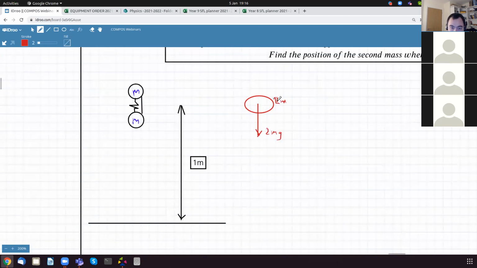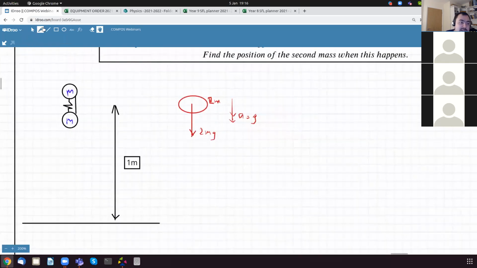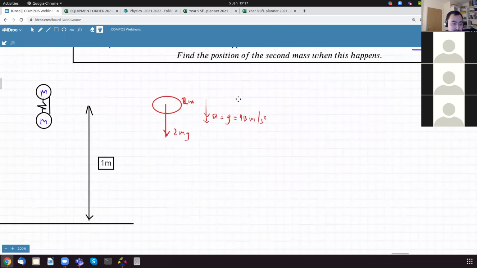So it's easy to see that the acceleration of this object is going to be g. For simplicity, I will take g as 10, and you can do this in any assignment. You can assume g is 10 meters per second squared. In A levels, of course, you have to use 9.8 if you're doing maths, and 9.81 if you're doing physics. All right, so we are considering the movement of the center of mass.